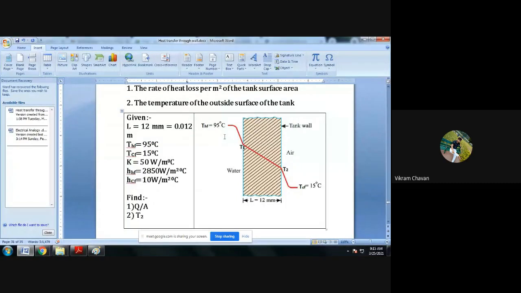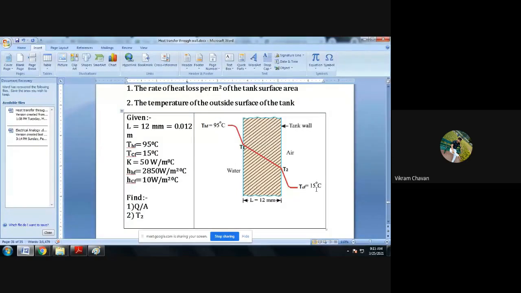You can denote it as T suffix HF, the hot fluid temperature, equal to 95 degrees Celsius. Now the wall is having the thickness L equal to 12 mm. Outside the tank there is atmosphere, which is having the temperature of 15 degrees Celsius. You can denote this temperature as T suffix CF, the cold fluid temperature.